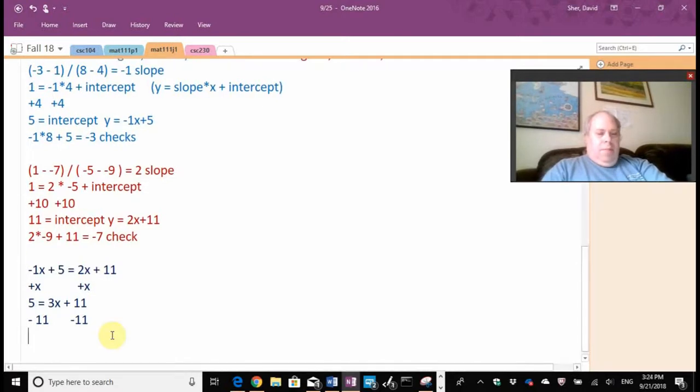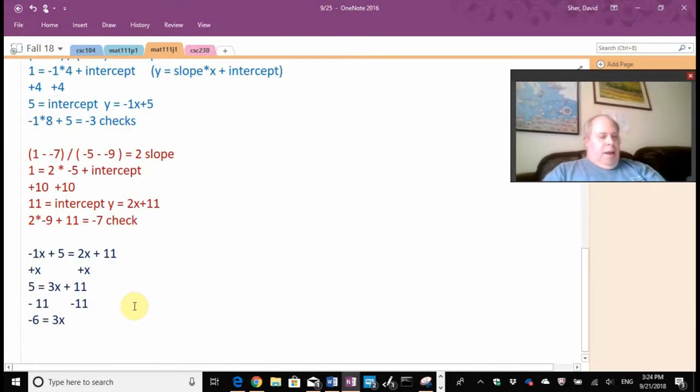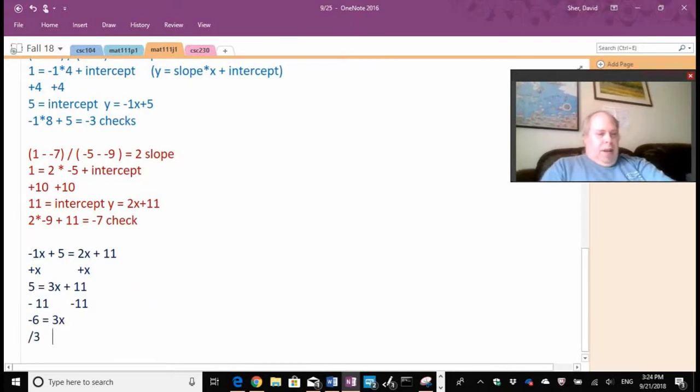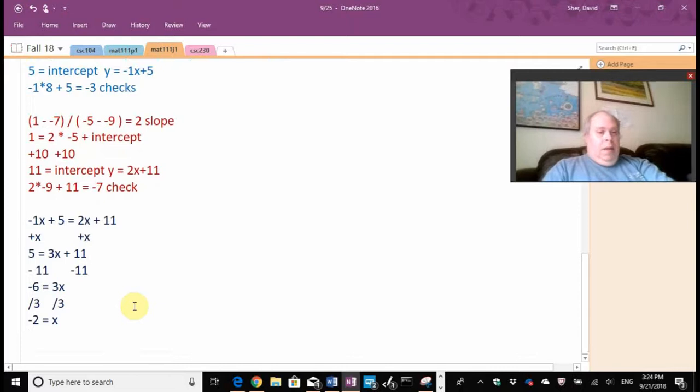And that's going to give me negative 6 equals 3x. Okay. At this point, I have almost got what x is. I got to divide both sides by 3. That gives me negative 2 equals x.